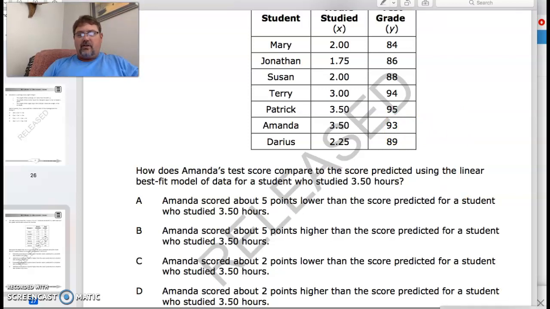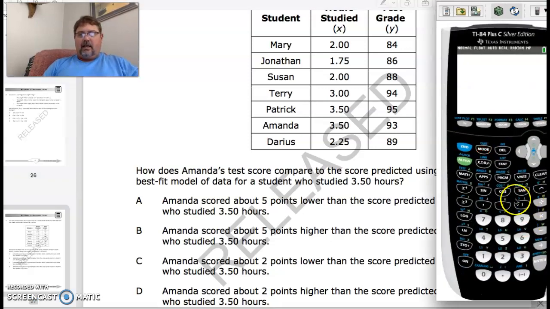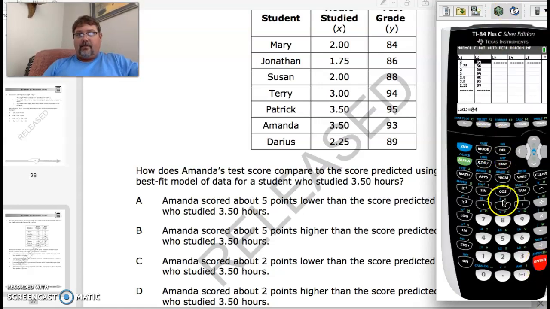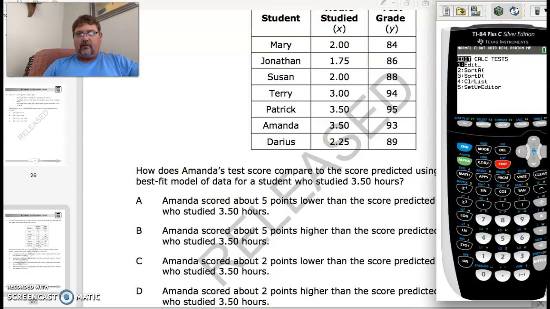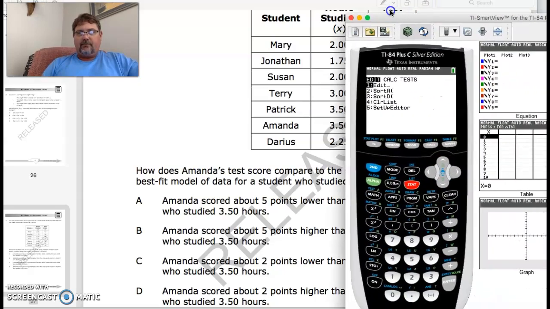So I've already started working on this because of the time element here. And to remind you one more time of how this is done, you go to Stat, Edit, and you enter your X values into L1, Y values into L2. I've already done that. And we're going to calculate a model. Stat again. Let me drag this over a little bit. There we go.